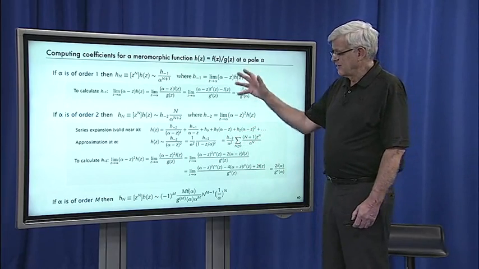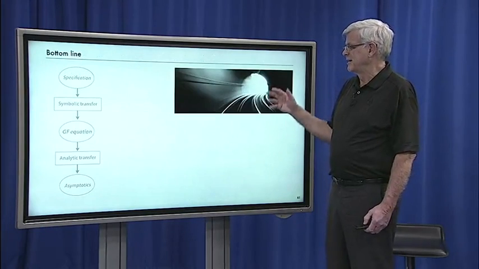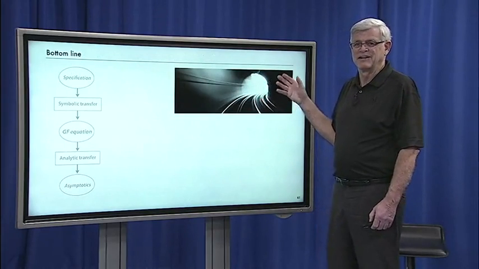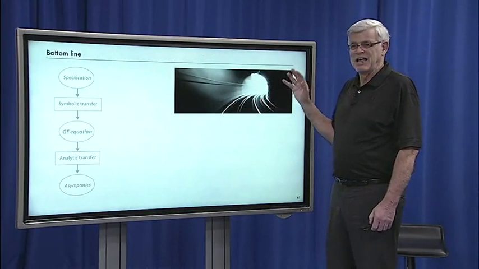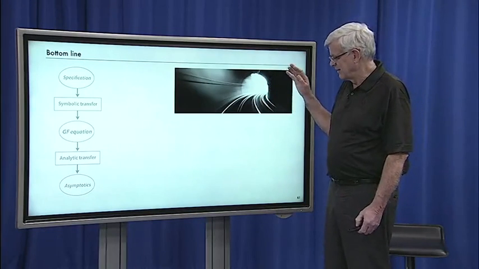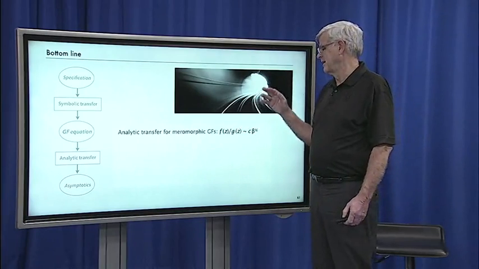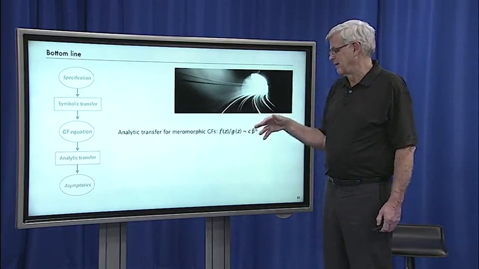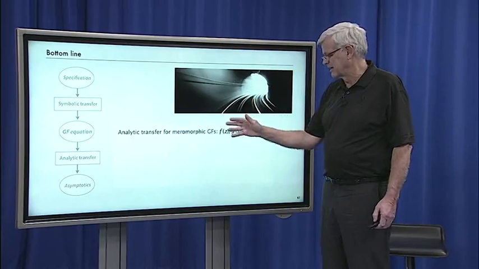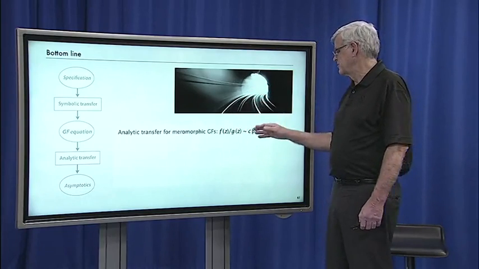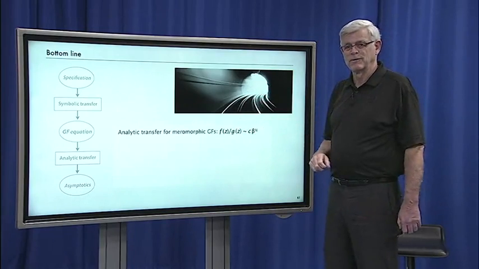And again, there's a lot of calculations here, but I really think the bottom line is you can see some light at the end of the tunnel. We've done a lot of calculations, but what we have in the end is for many, many examples, first of all, an analytic transfer to take a meromorphic generating function into its asymptotic growth formula.